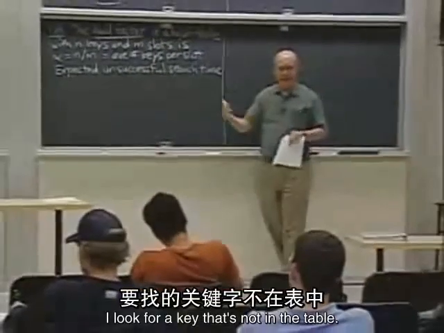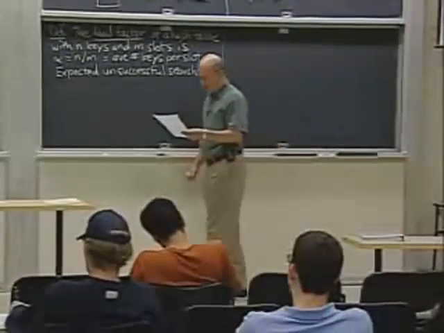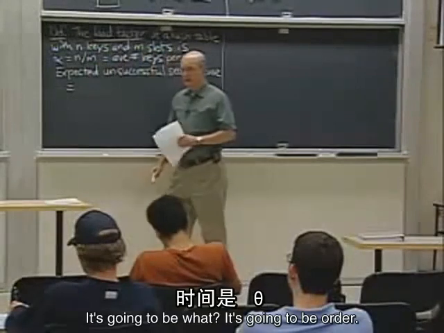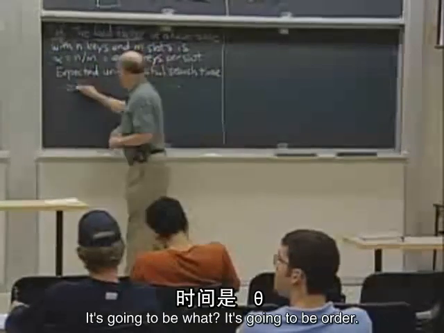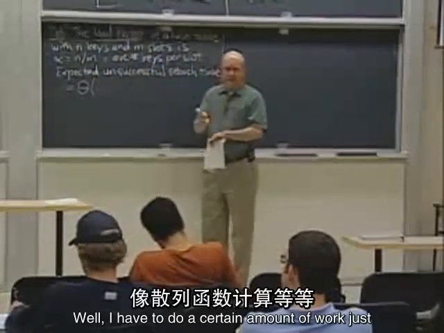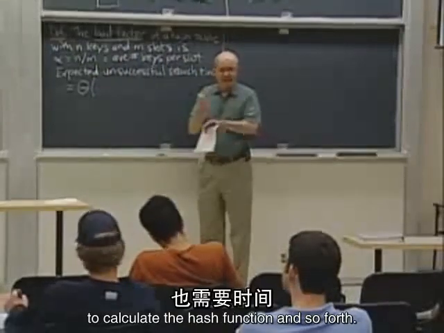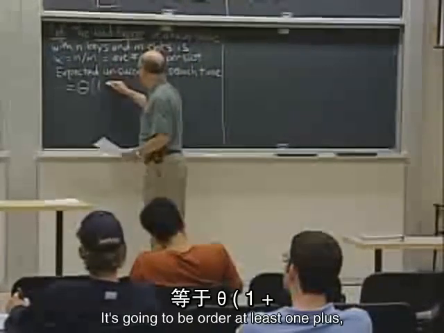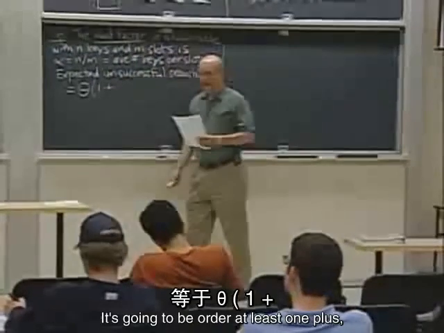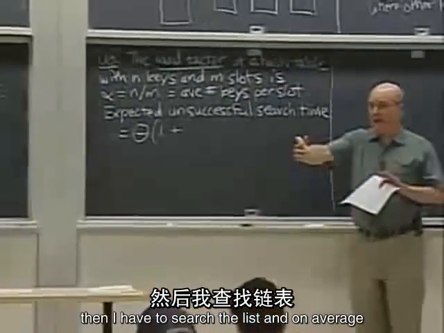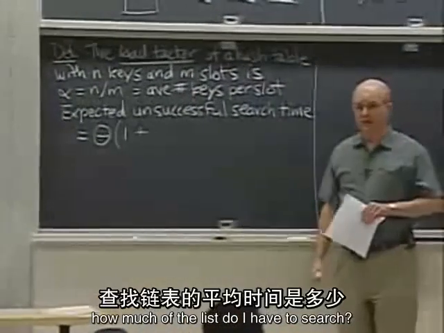I look for a key that's not in the table, and it's going to be what? Well, I have to do a certain amount of work just to calculate the hash function and so forth. So it's going to be order at least 1 plus, then I have to search the list, and on average, how much of the list do I have to search?